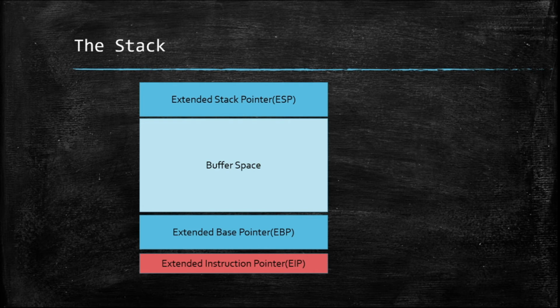So let me summarize it again. Let's say I scan a computer because I want to get access, and there's a service running on that system, an application running on that system. If I can find a way to control the EIP of that application, then I can point it to my code. Then my code will run on it, and it can give me access.